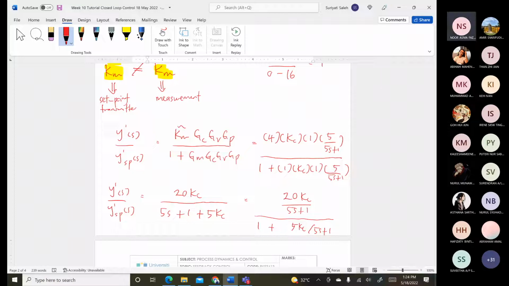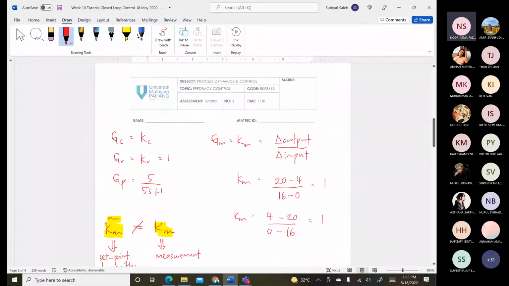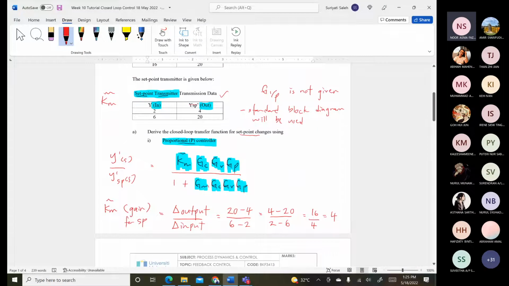Any question? So if you don't have any question, that means this is the answer for question A1, proportional controller.